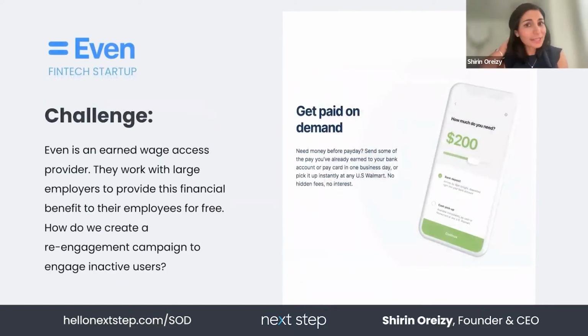Some examples of this that we've used for our clients, and one was for a financial technology client of ours that basically does what's called earned wage access. What that simply means is that they go in and work with very large employers to provide a financial benefit for their employees. So most Americans can't afford a large unaccounted for bill.